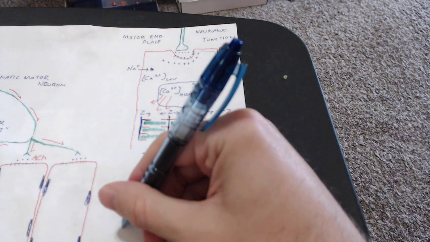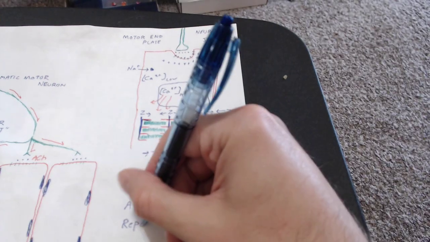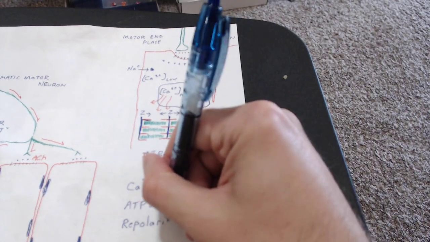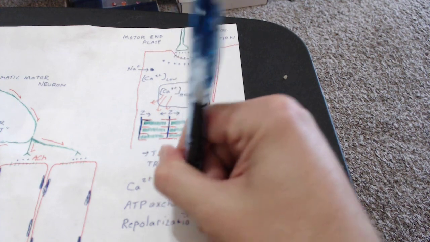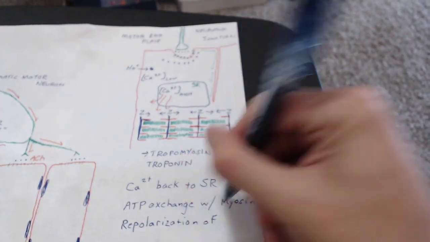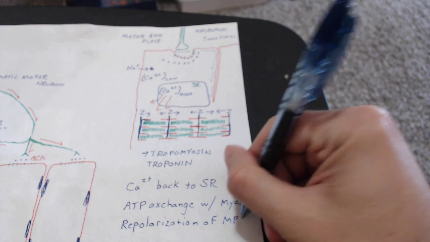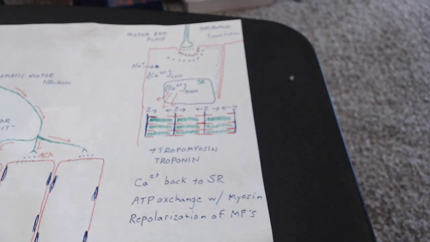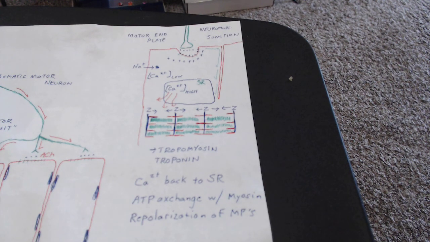And then repolarization of the muscle fibers to get any excess potassium that has formed due to the process of the action potential.